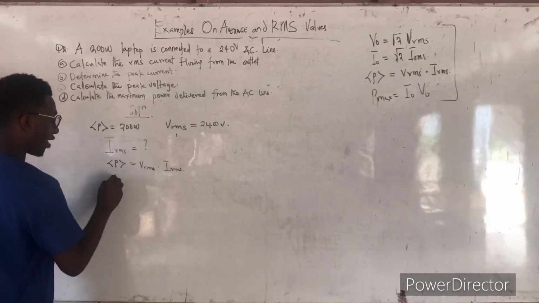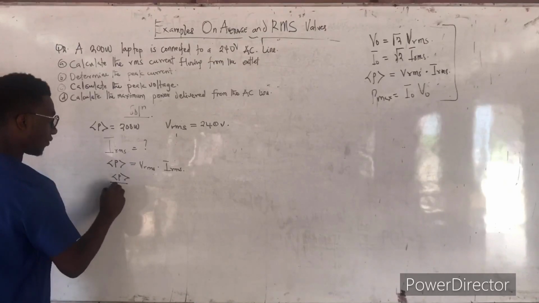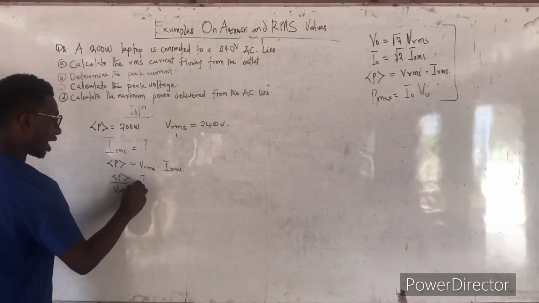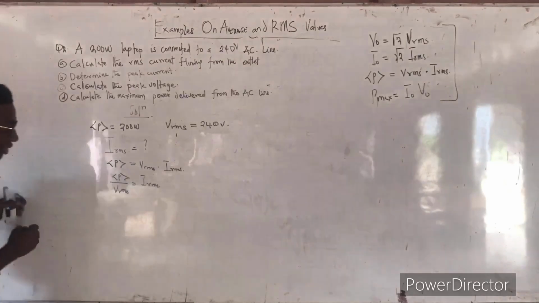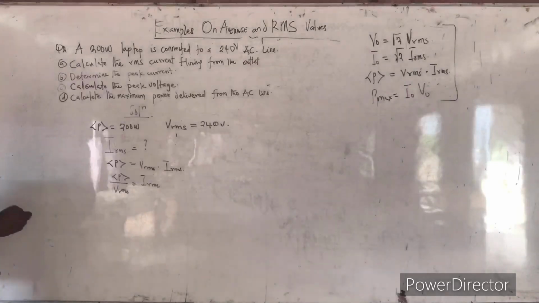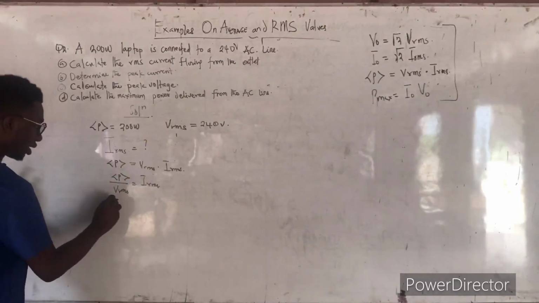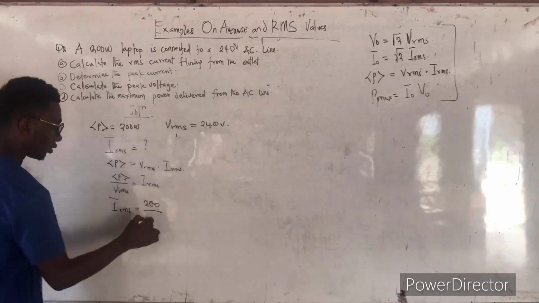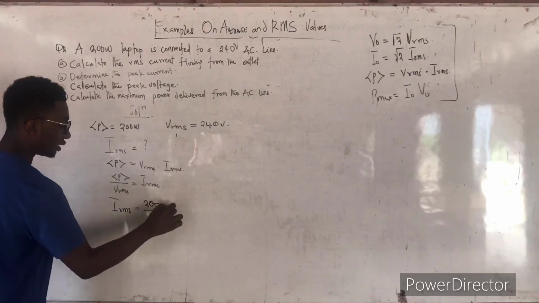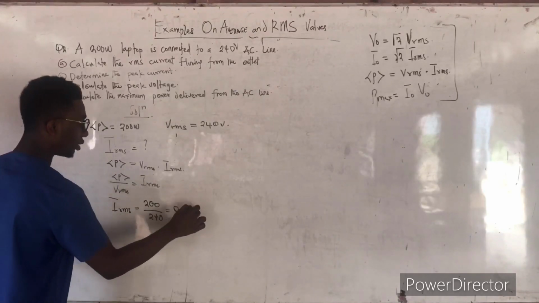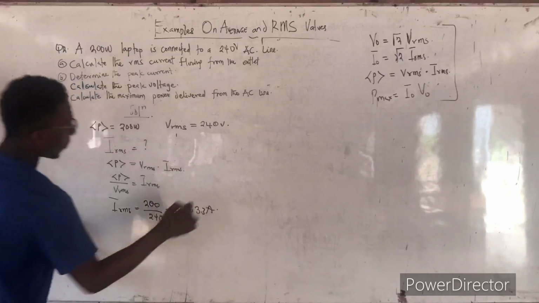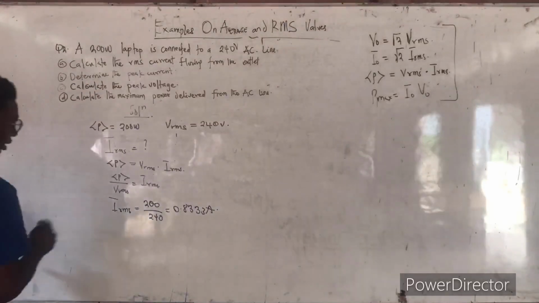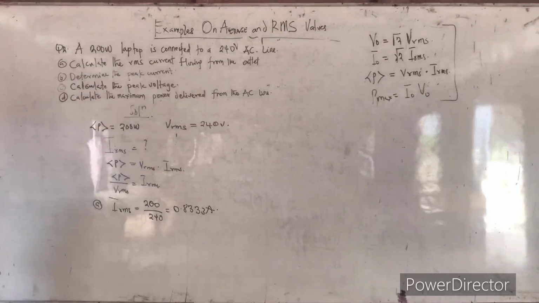So therefore, the average power divided by VRMS will give you the IRMS. Okay, so if you get this, then it becomes very simple. The IRMS is equal to 200 on 240, which is 0.833 ampere. So this is the answer to the first question, the IRMS.